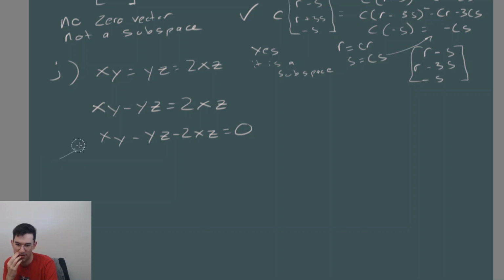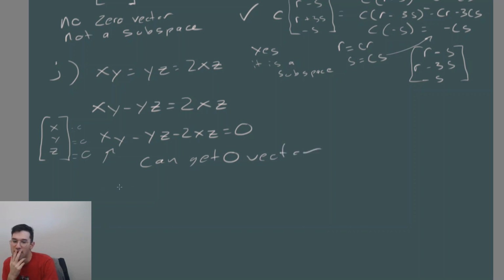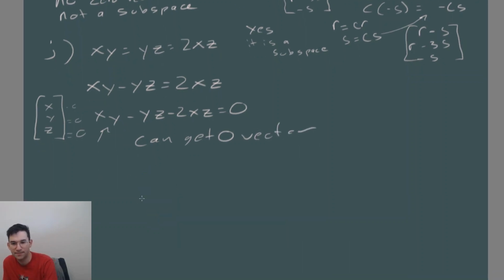So we have 3 components, so our vector is x, y, z. If x equals 0, y equals 0, and z equals 0, then this is closed. So we can get to the 0 vector.